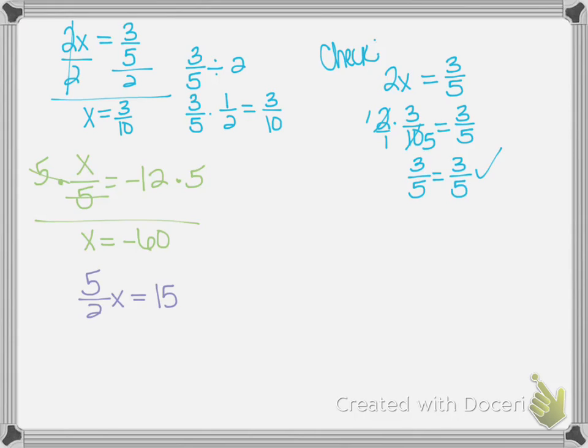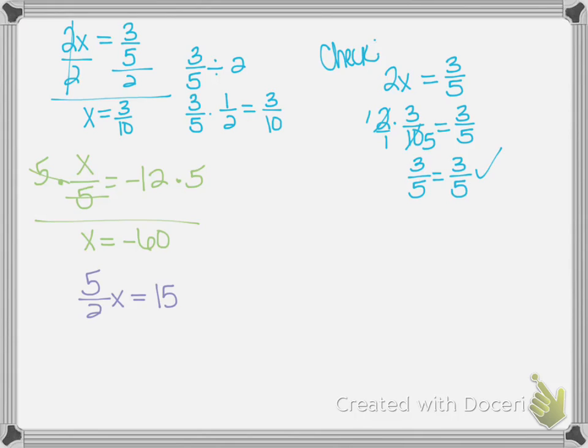5/2 x equals 15. Here's a shortcut, saving you some time on how to solve when we have a fraction times a variable. Our steps would tell us, well, if it says a fraction times a variable, then we need to divide by that fraction. However, recall, when you're dividing by fractions, you're really going to multiply by the reciprocal.